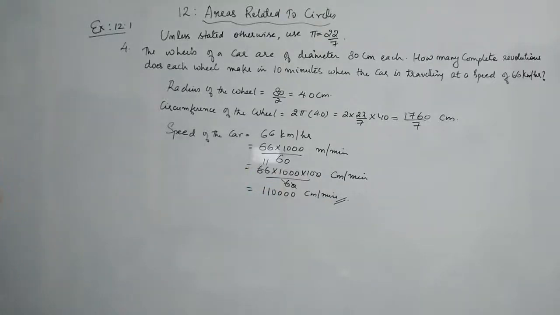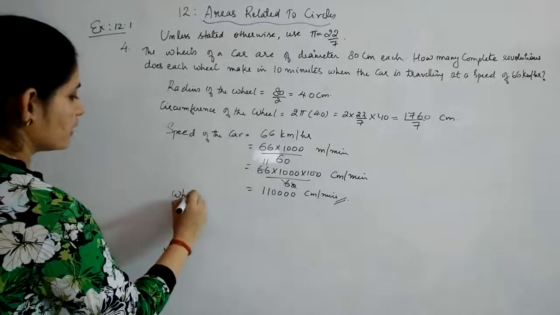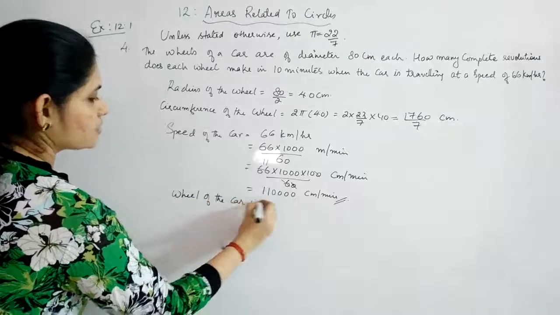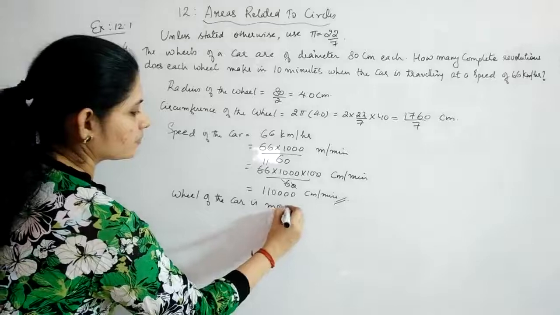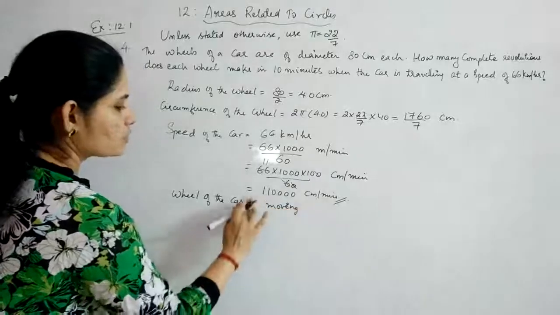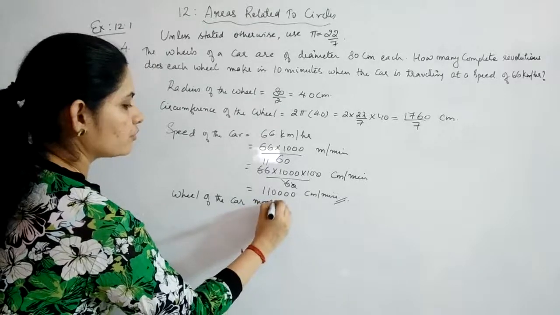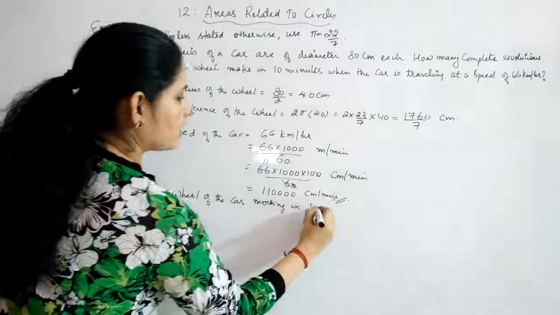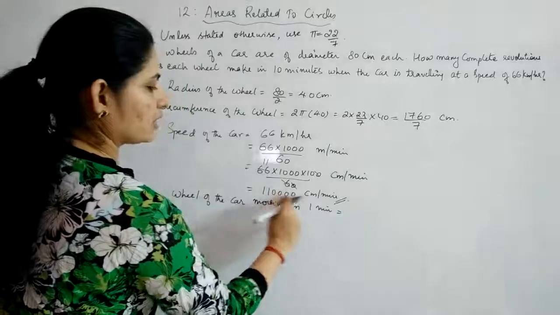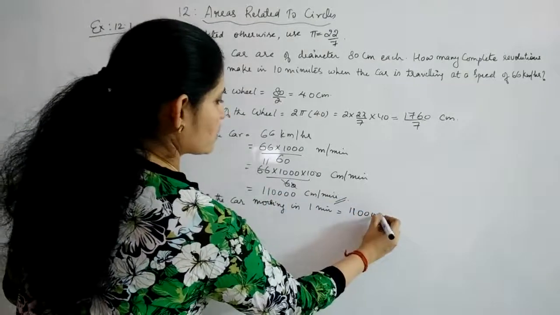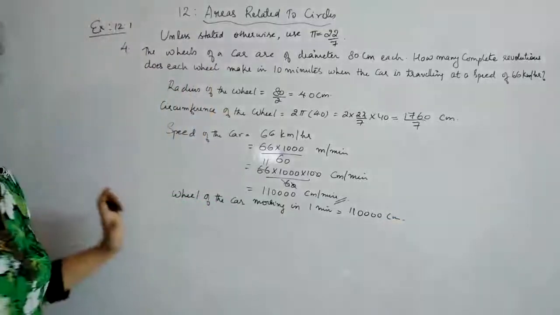So the wheel of the car is moving 1 1 0 0 0 0, that is 11 with 4 zeros centimeters in 1 minute.